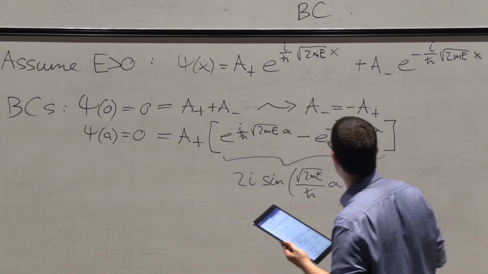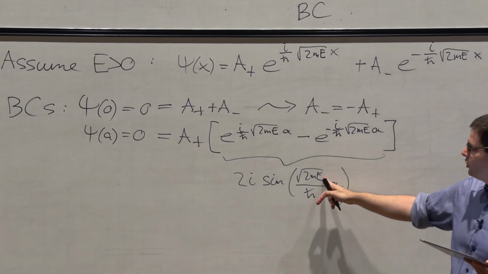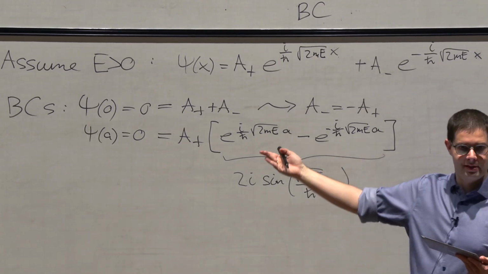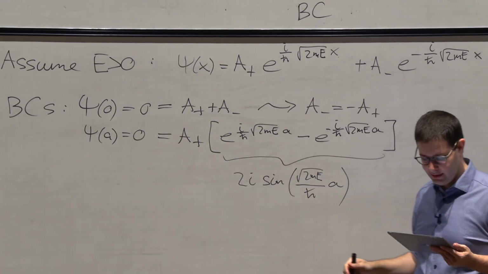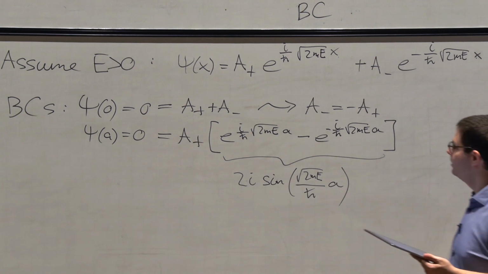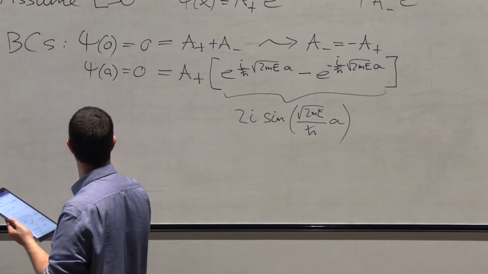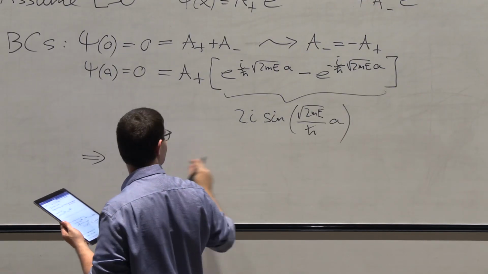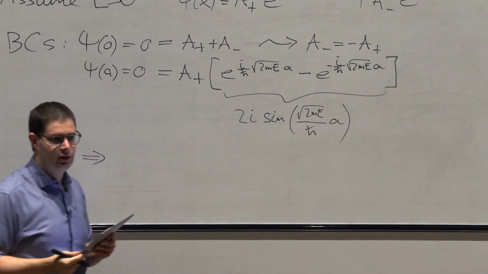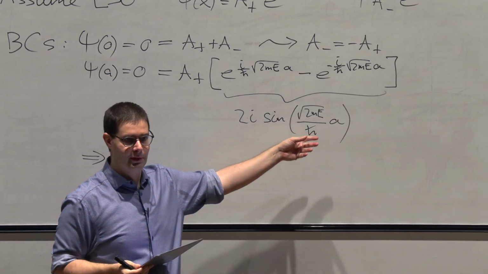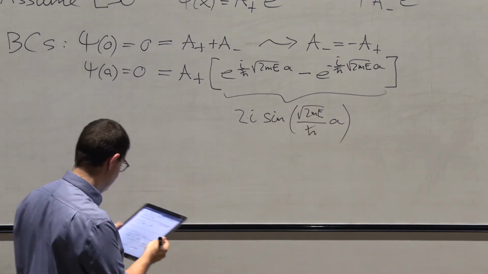So you see that for generic E, this equation is not satisfied. But there exists a family of E's for which this is true. So this determines the allowed E's. So what are the allowed E's? We need sine to vanish, and so the argument needs to be an integer multiple of n pi. Right?